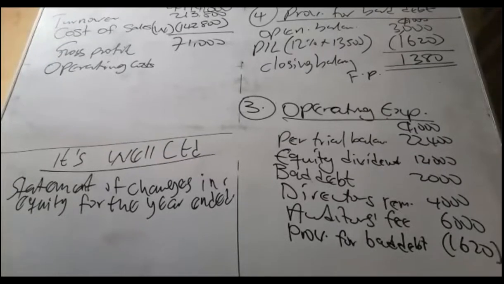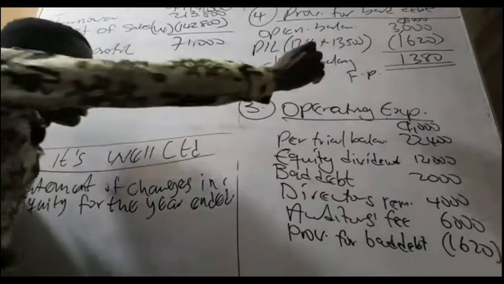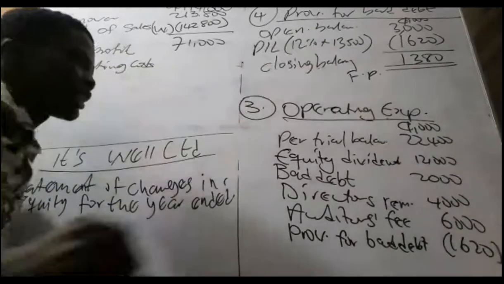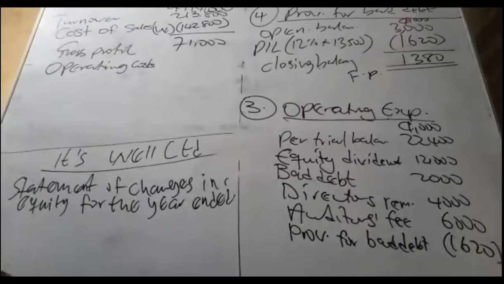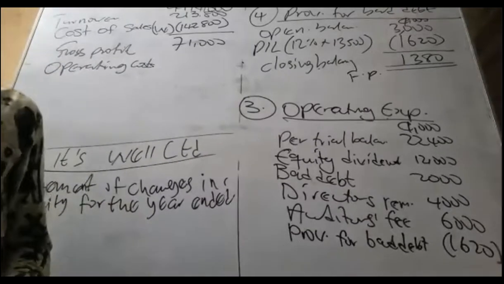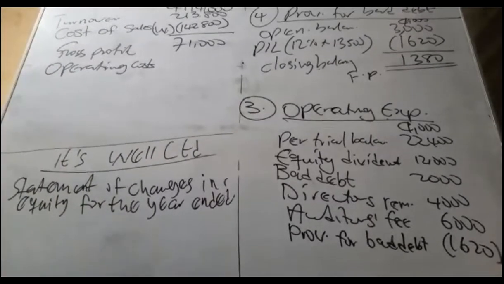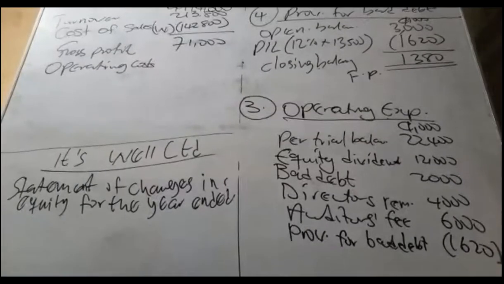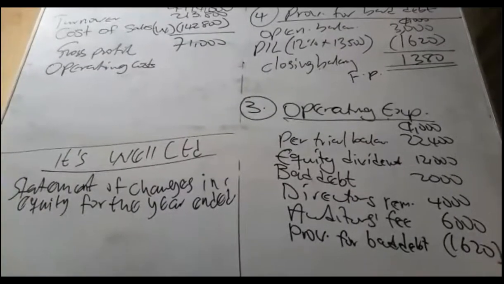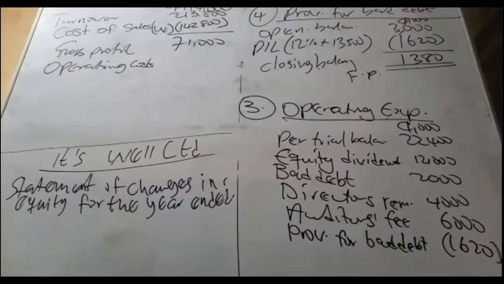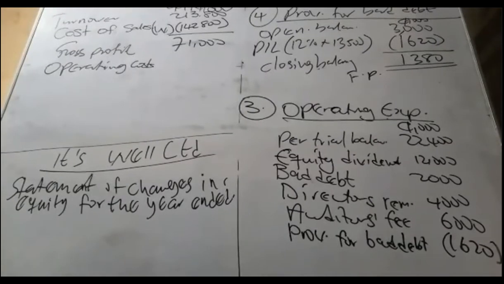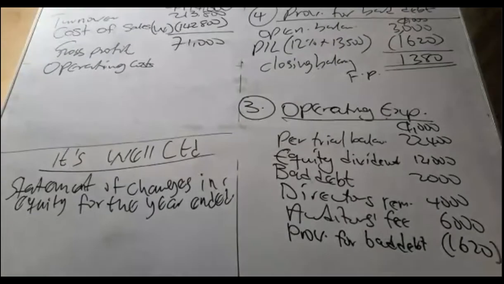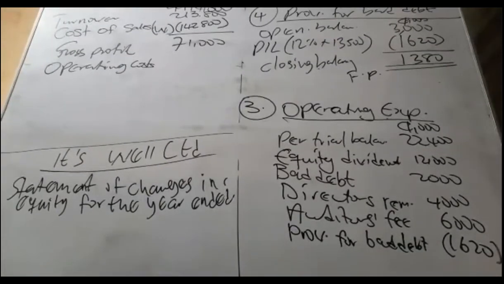Now go to the financial position. We said that the closing balance must be subtracted from where? The trade receivable, right? Good. Now let's go there. Go to your page 3. Your financial position. Go to the trade receivable. Open a bracket and bring the balance in the trial balance, which is the 13,500.